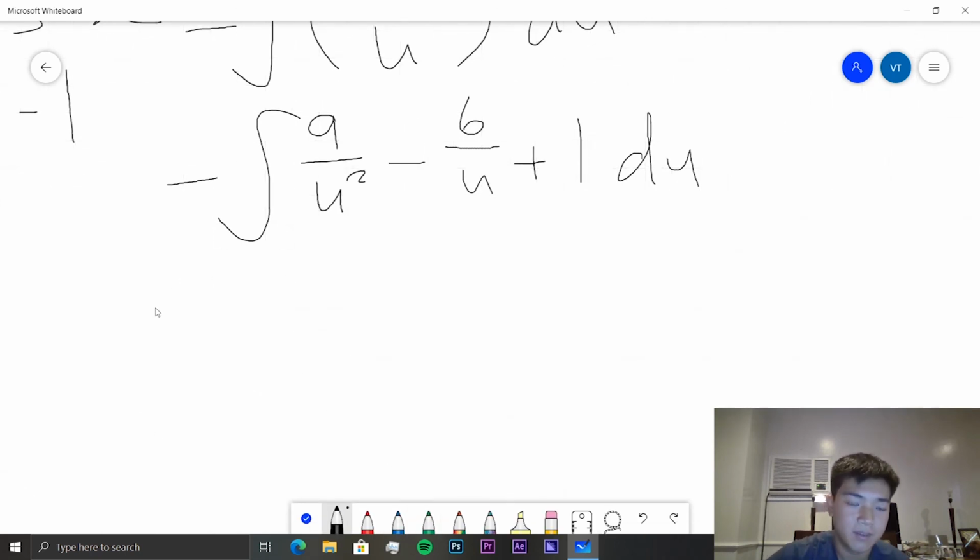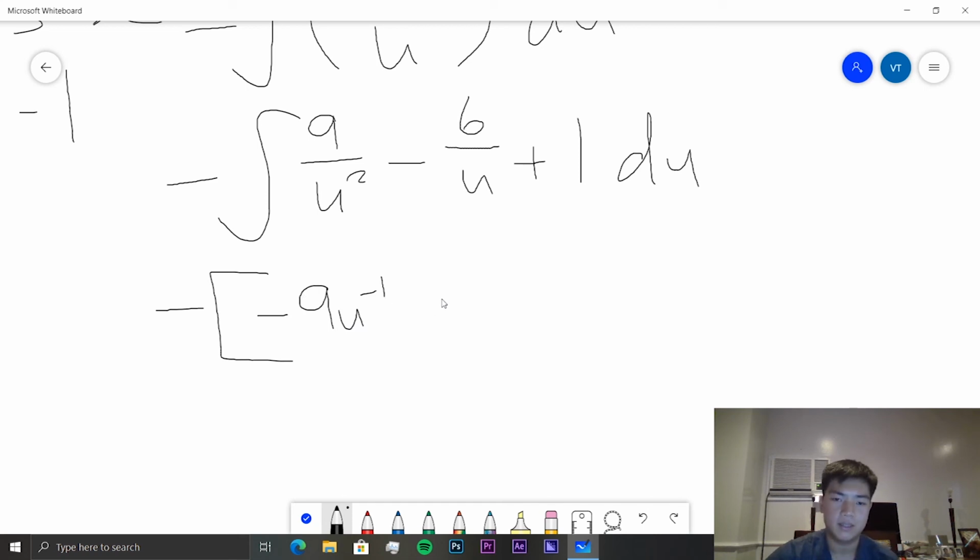So we have negative 9u to the negative 1 minus 6 ln u plus u.